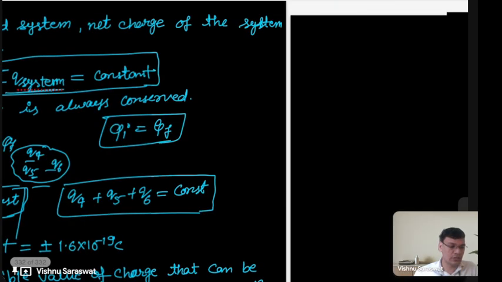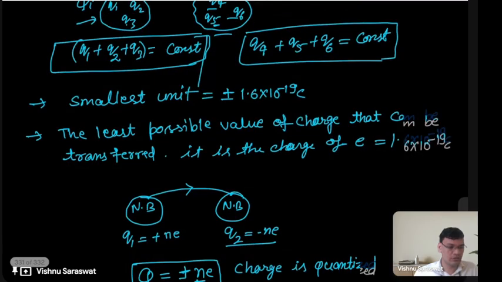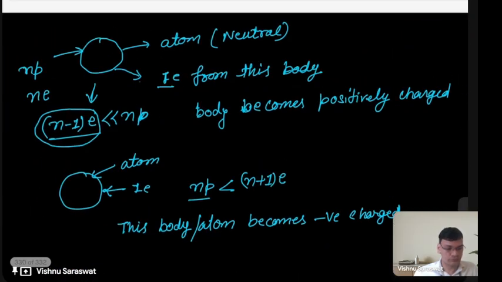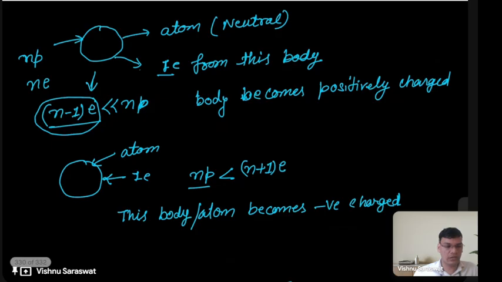If you have one body and another body, we can transfer the electrons. Suppose this is the positively charged body because from it we are extracting the electrons, and to the other body we are adding electrons, so that will be negatively charged, as I already discussed in the previous slides. The atoms are neutral, but when we extract one electron from it, the body becomes positively charged because the number of protons is more than the number of electrons.